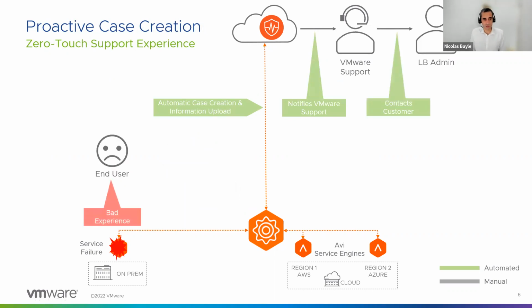If basically a service engine fails, in this case, automatically the AVI controller will notice this. And without asking for any human intervention, the AVI controller will create a case thanks to the AVI Pulse service. So again, you can enjoy this only if you have your AVI controller connected to the internet, indeed. But if this is the case, everything is fully automated.